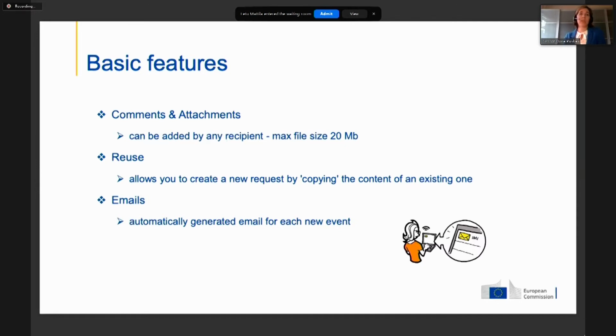We are coming to the emails. It is important to highlight that the system generates automatically email notifications for each new event. Why is that important? So Katre already mentioned that there are areas supported by IMI, which are not that much used, while others are highly used by the users. Again, this is a feature which helps you keep track of what has happened.